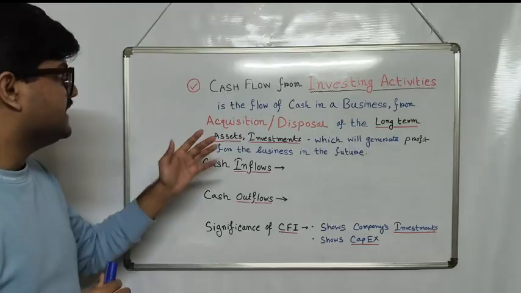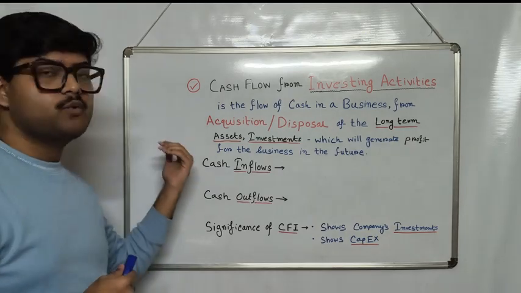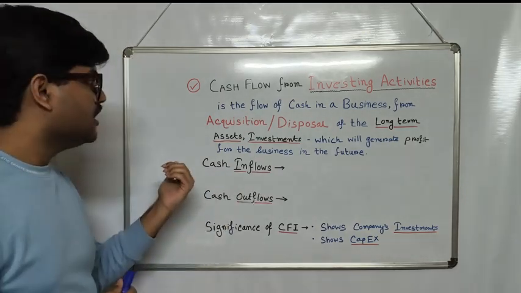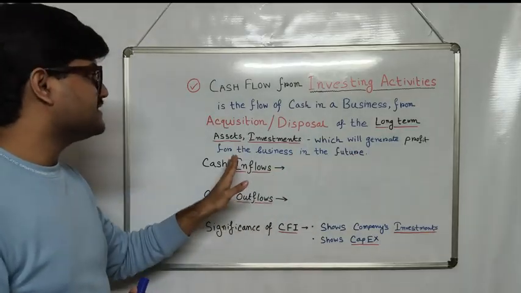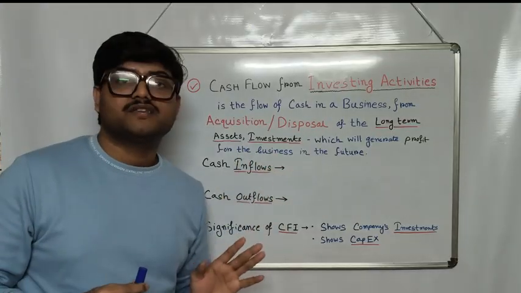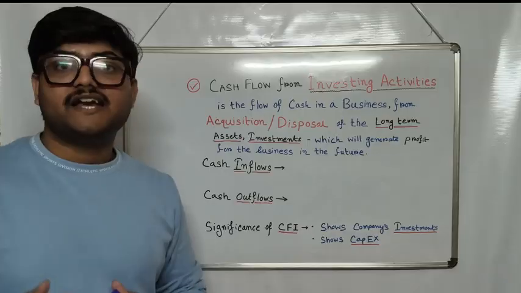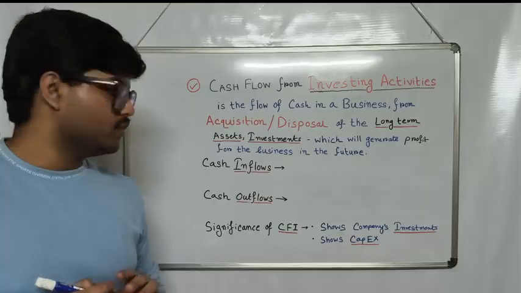You see, it is the flow of cash generated when we are acquiring, that is buying, or disposing, that is selling, long-term assets like PPE or investments for the purpose of generating profit for the business. Now we will talk about the outflows.